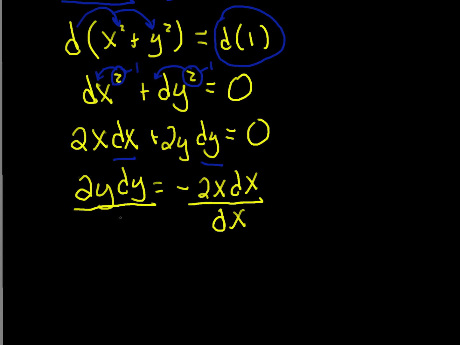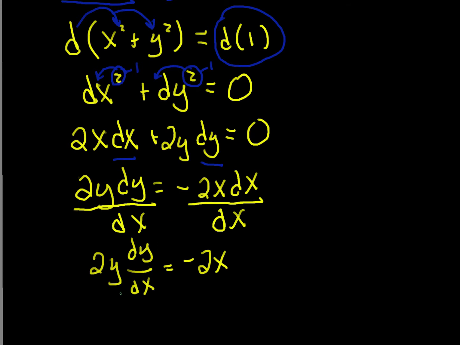Right, because this is just an algebra expression now. Yes, we've got variables that we're not used to seeing from algebra, but dx is simply a new variable that we work with in calculus. And so I get that 2y dy dx is equal to negative 2x.